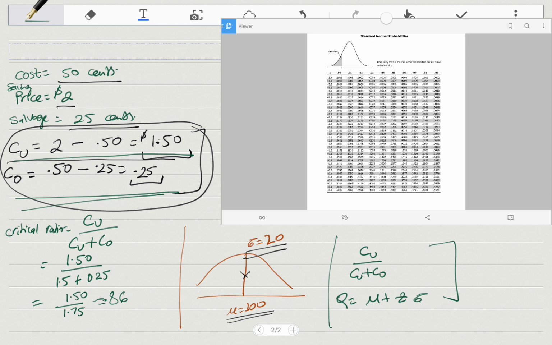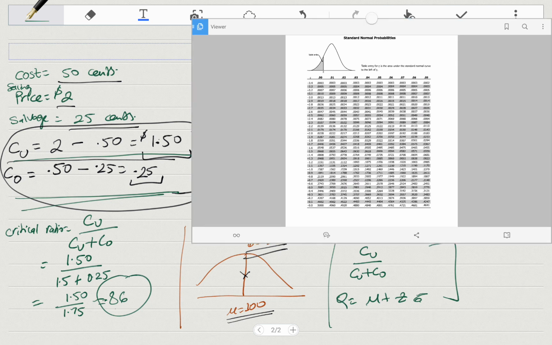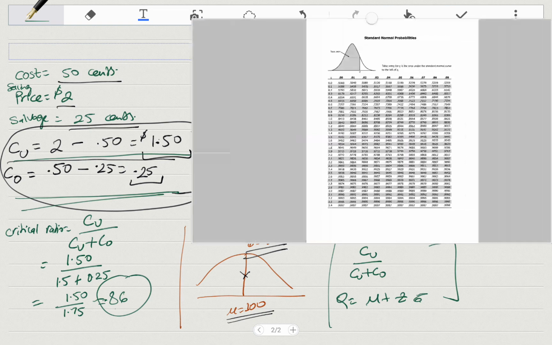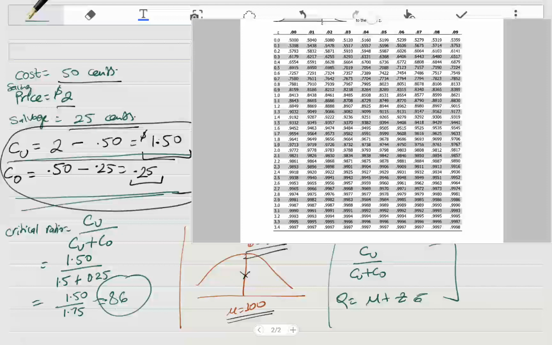How do we interpret this? Think of this value as the one in the normal distribution table. That's why I have the normal distribution table here. Let me find 0.86 on the next page.